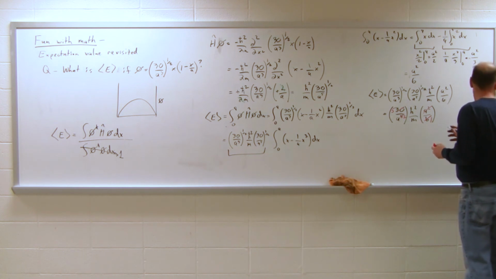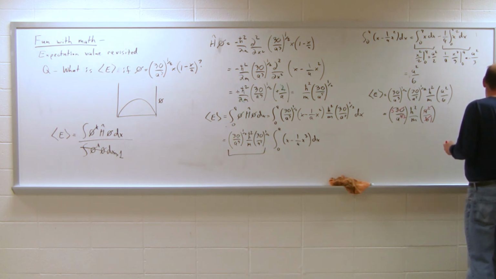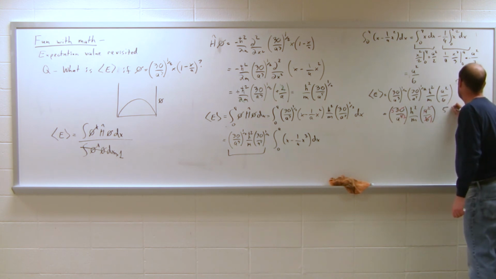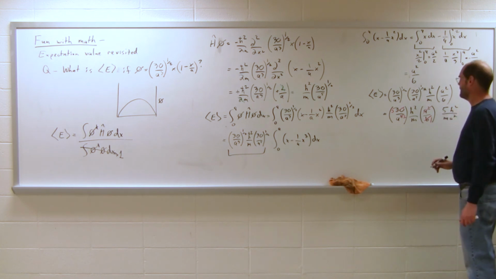Let's see, I'm having some trouble doing my math right here. This is going to give me 5 h bar squared over m a squared.